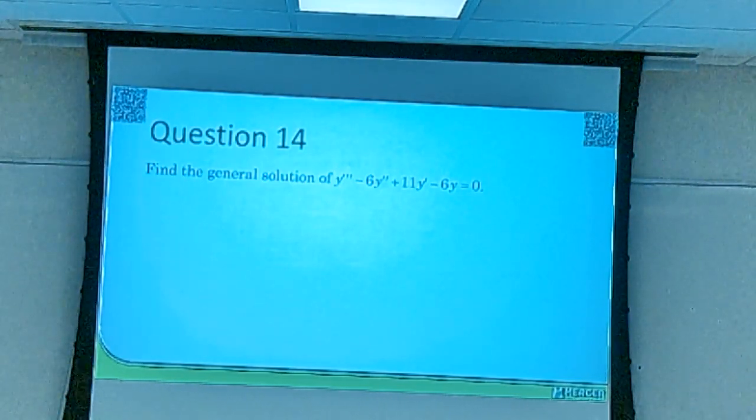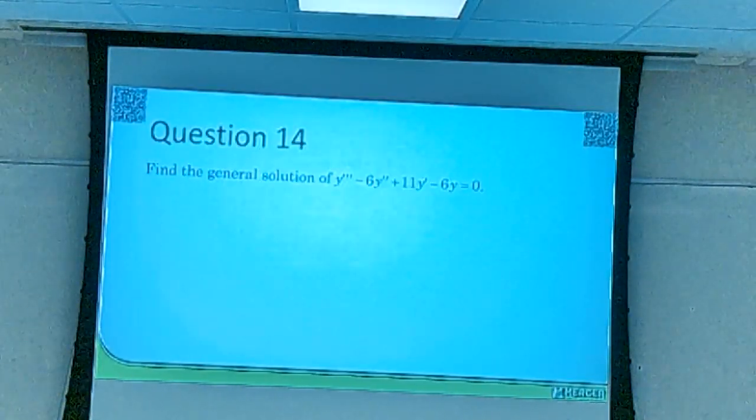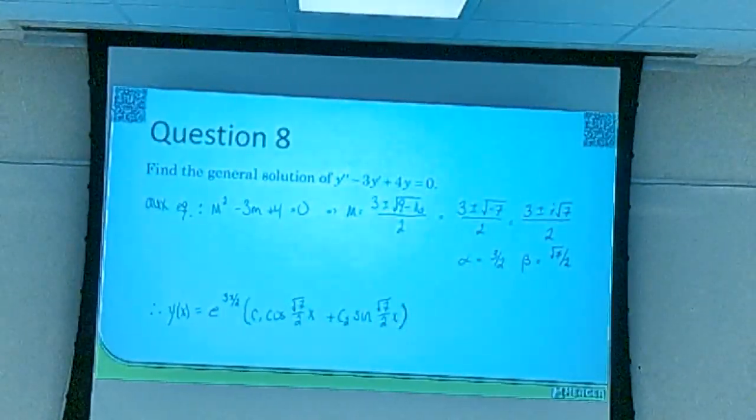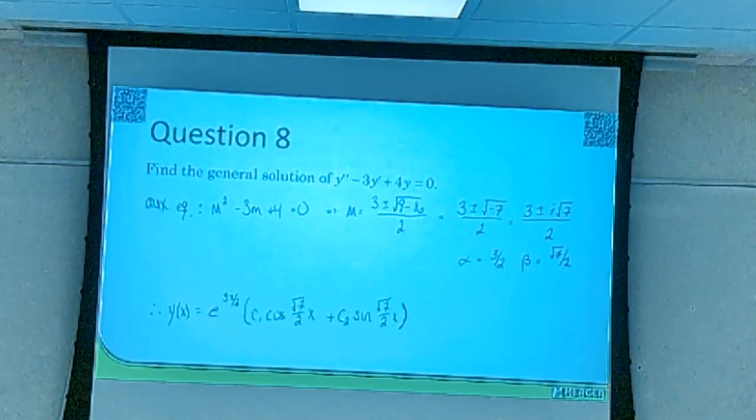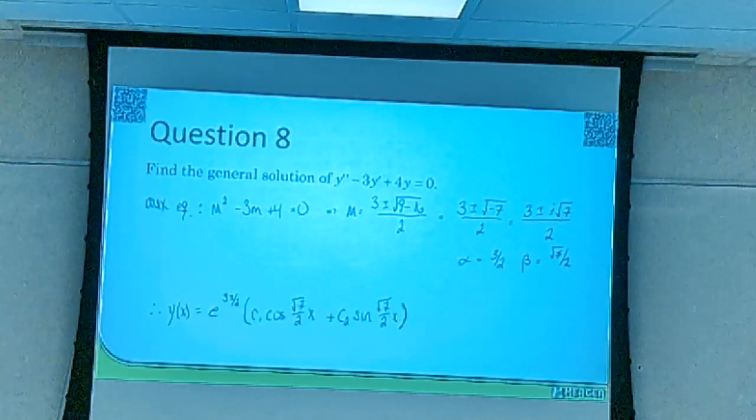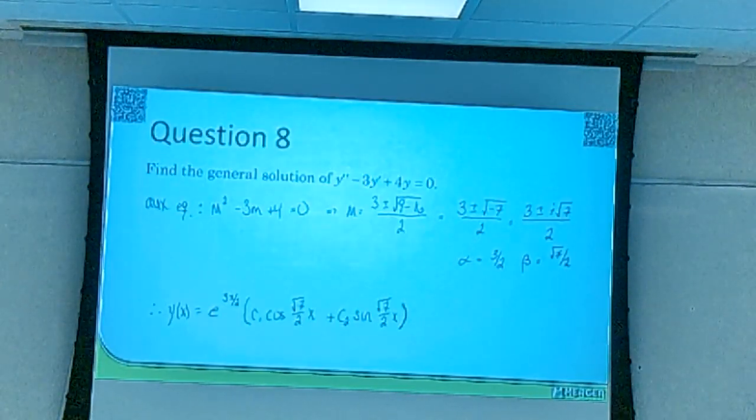So for the equation, it's always going to be the power of whatever order the derivative is. So you say m to the n is essentially y prime.